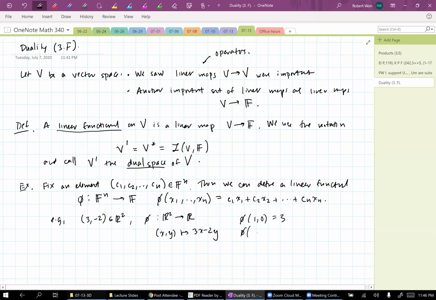Phi of (1, 1) equals 1. Phi of (0, pi) equals -2 pi. This phi is a map from R^2 to R. So it's an element of the dual of R^2. Phi here is in (R^2)', the dual space to R^2.